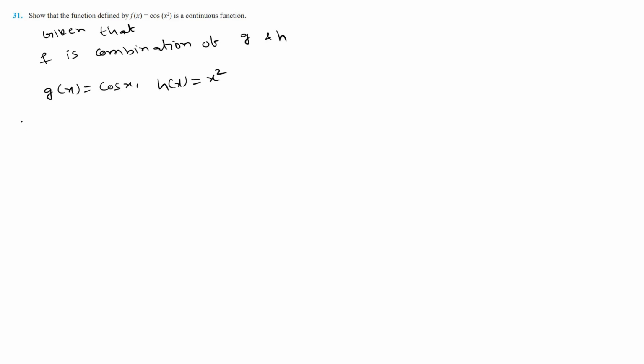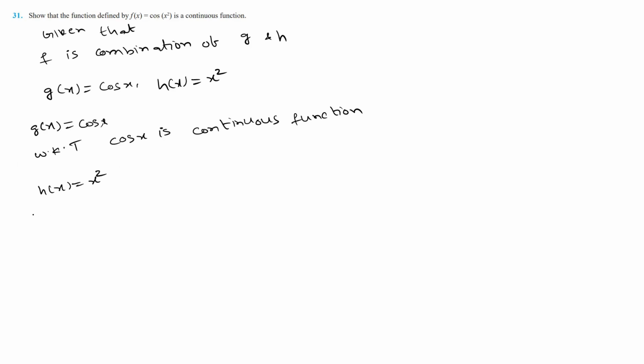So g of x is equal to cos x. We know that cos x function is already a continuous function only. Okay. So we know that cos x is a continuous function. Okay. And h of x also we have to find out here. So h of x is x square we are getting here.